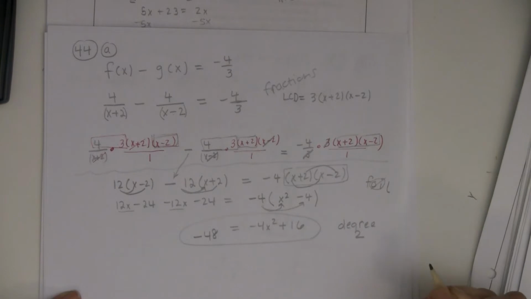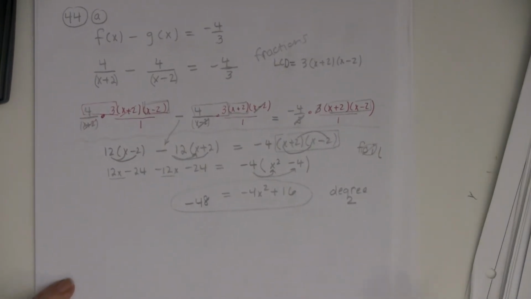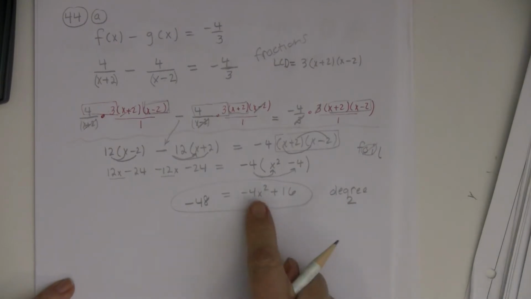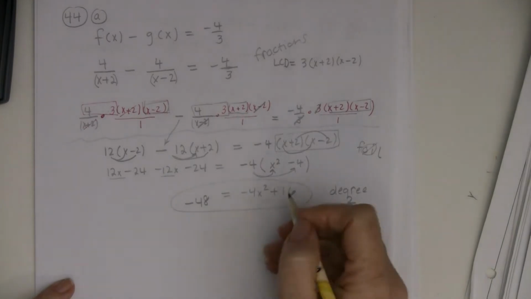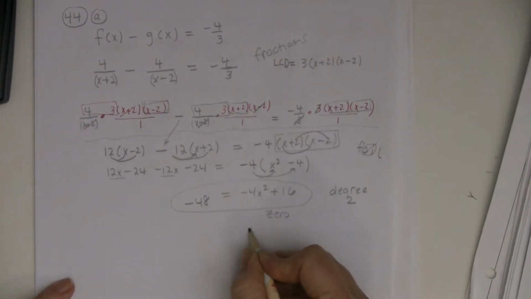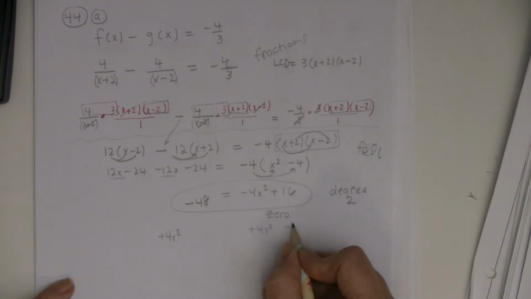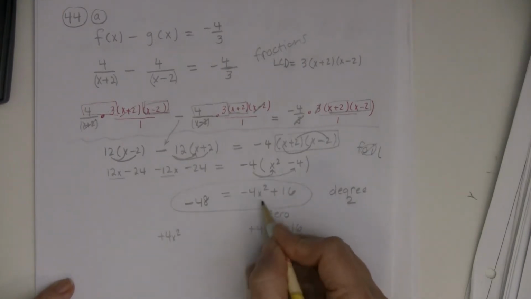When you have degree 2, you want to get 0 on one side. And because I'm going to have to factor, I like to have my lead term be positive. So there's my leader right there, and my leader is negative. So I'm going to make this side be the 0 side. So I'm going to add 4x squared to both sides. So plus 4x squared. And I'm going to take away 16, right? So that gets 0.